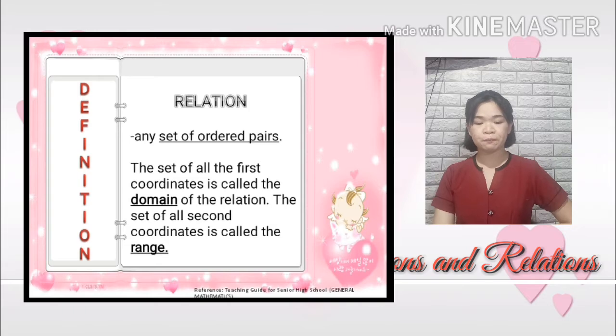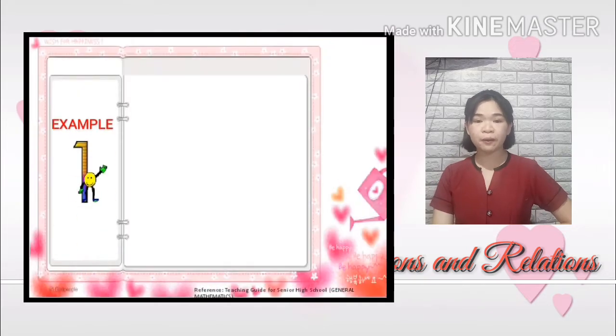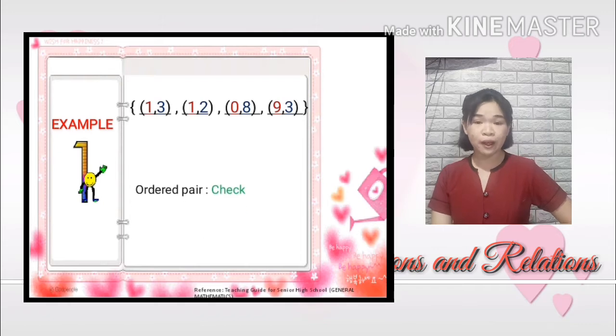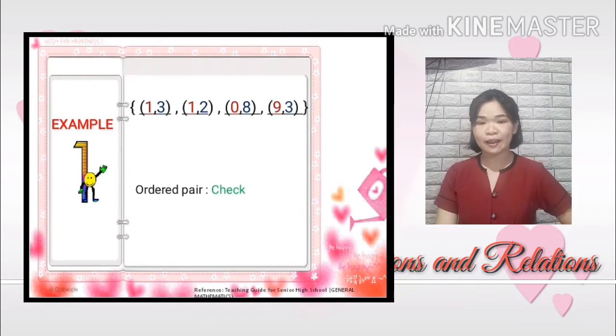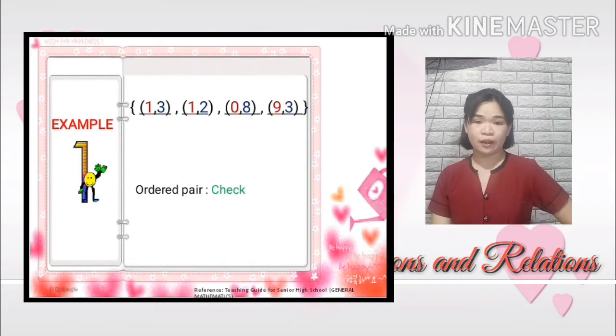Next. So let me give you an example of relations. A set of (1, 3), (1, 2), (0, 8), and (9, 3). So the first ordered pair is (1, 3). So this is an ordered pair.